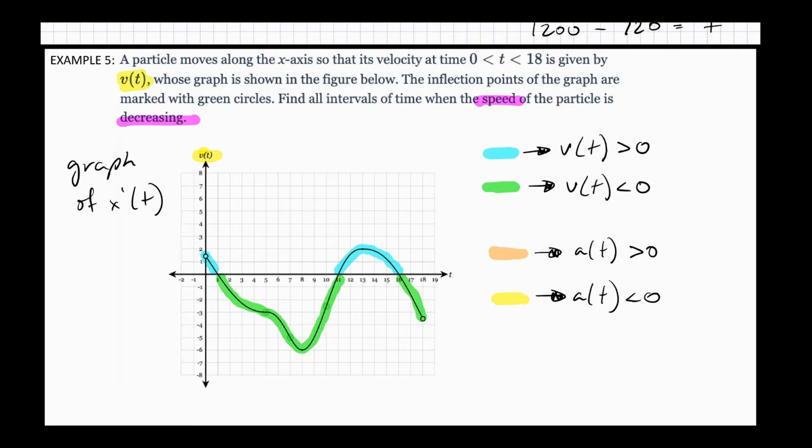How do I know when acceleration's going to be positive? What's the relationship between the graph here and acceleration?